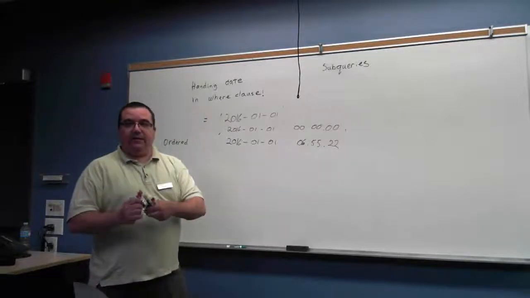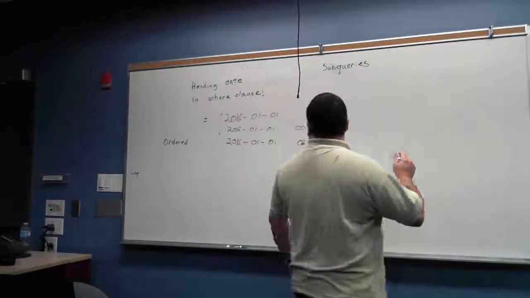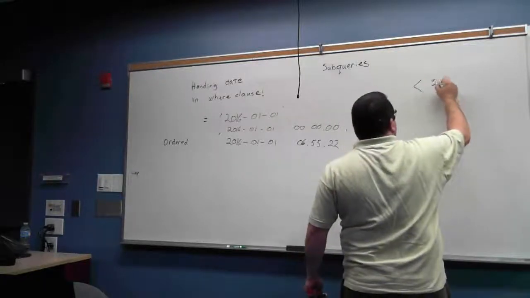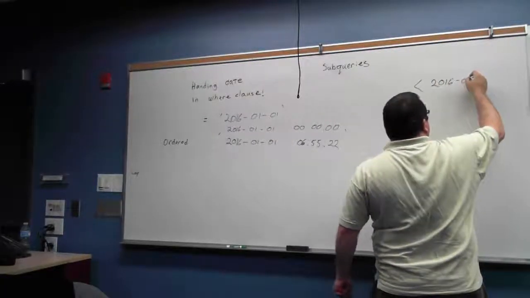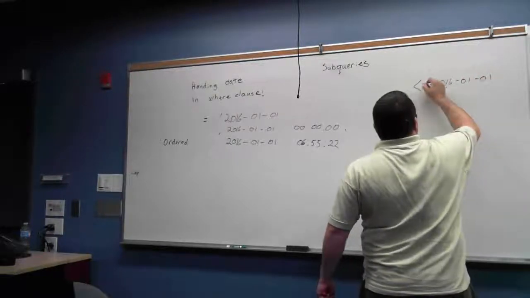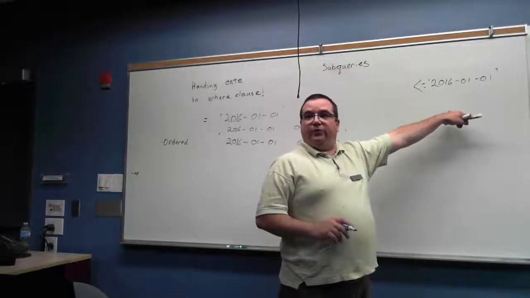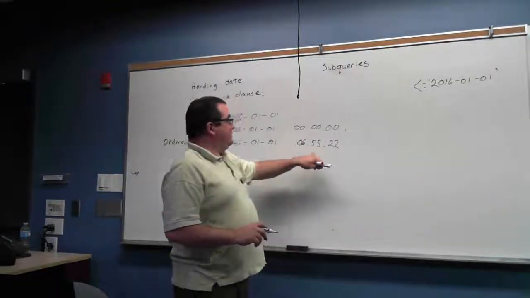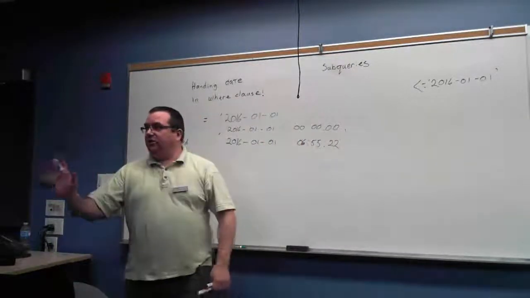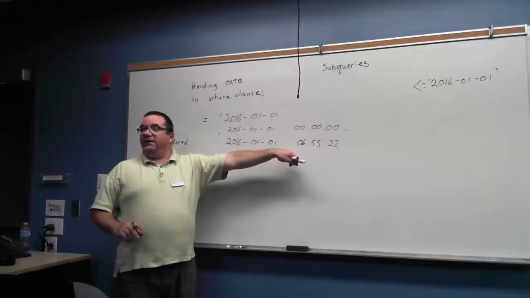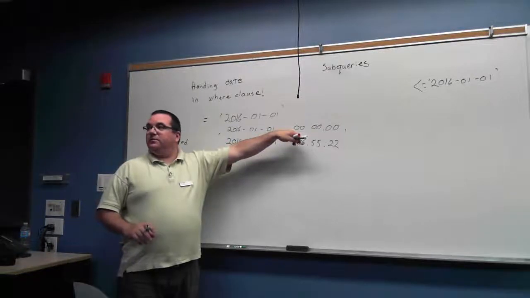Because if you said, give me everything less than or equal to January 1st, and you literally wanted to include January 1st, you wouldn't get this record. Why? Because it's not midnight.